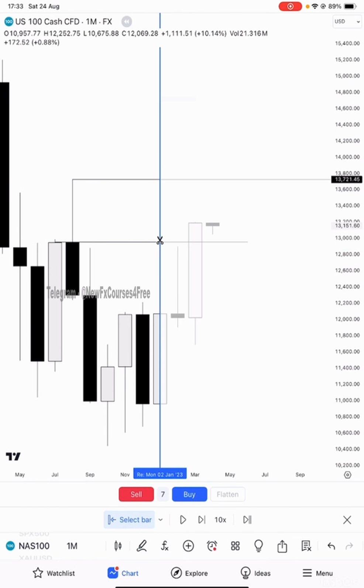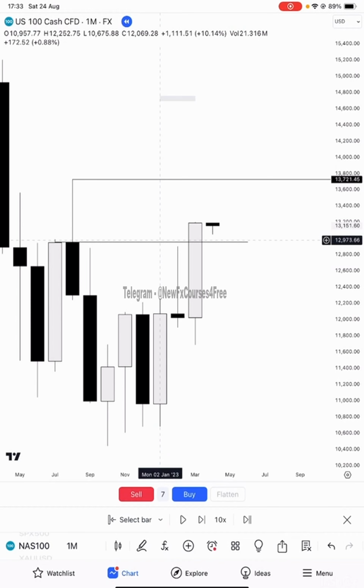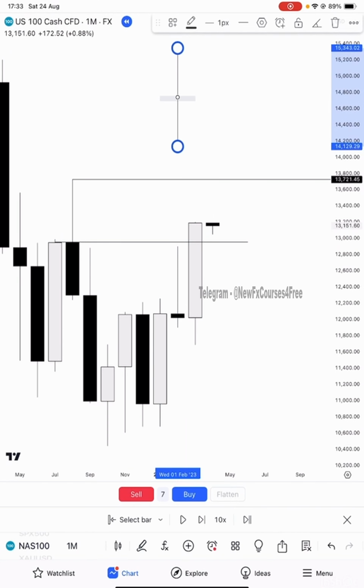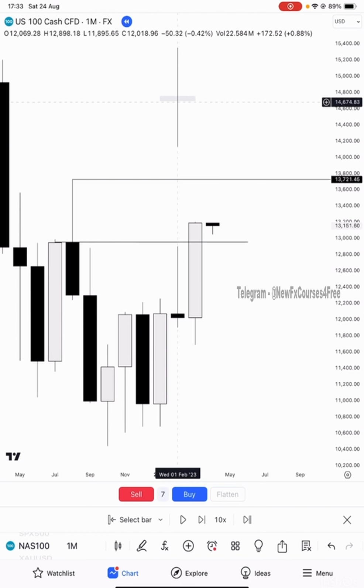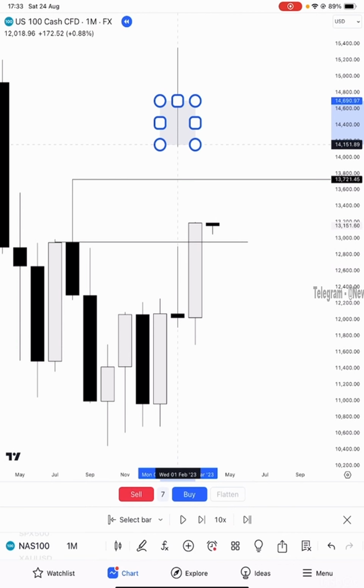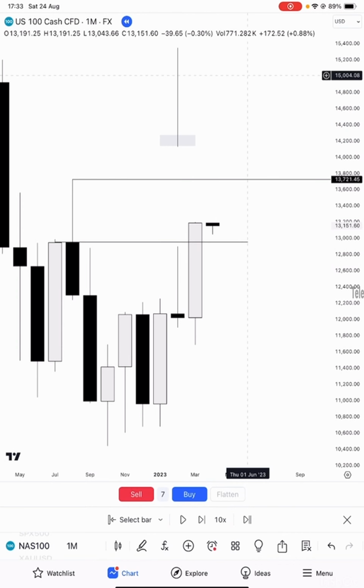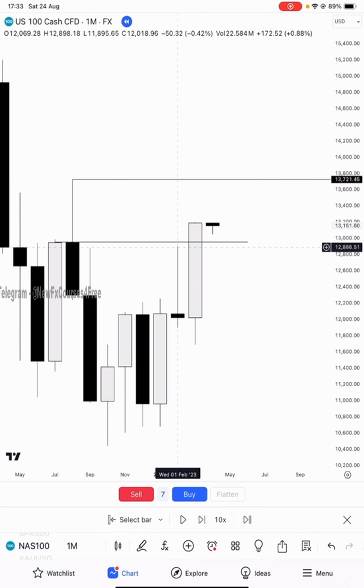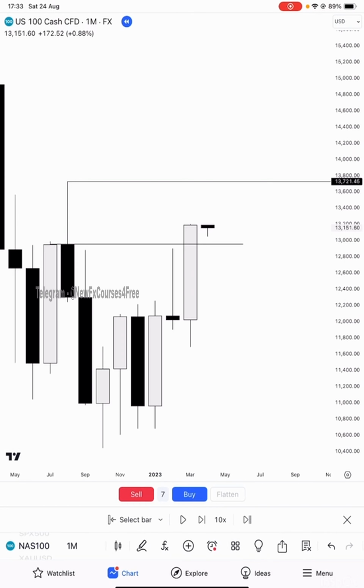If you don't know what a doji is, okay. A doji is this candle. So long wick, small body. If the body was down there, in this case it is a pin bar rejection.